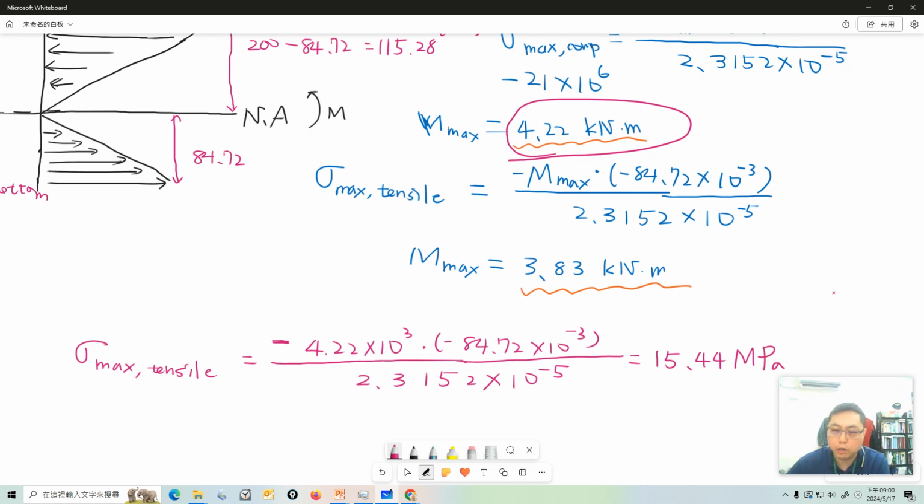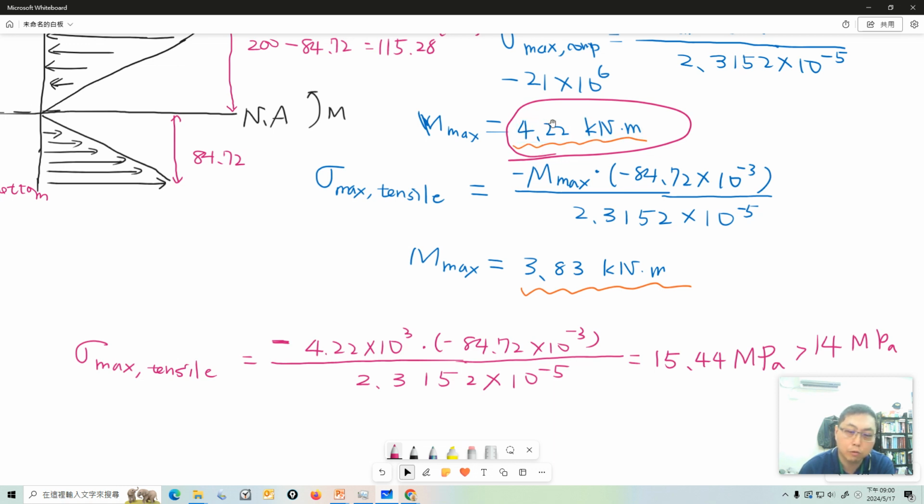If we choose 4.22 kilonewton times meter as the maximum moment, the maximum tensile stress will be 15.44 megapascal. It's greater than 14 megapascal.